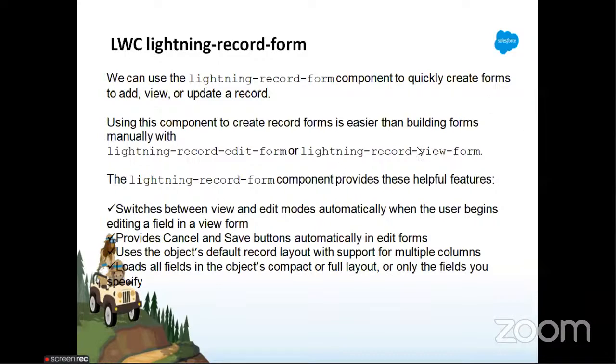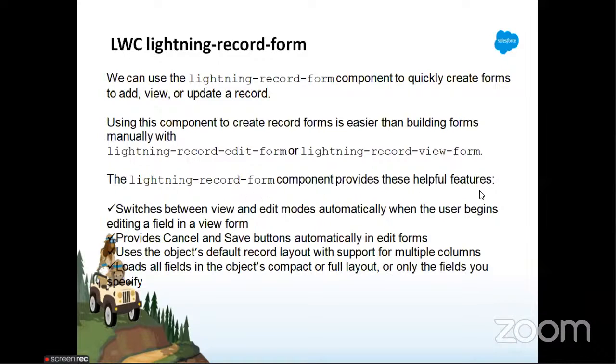Basically, with the help of Lightning record view form, you can only view the record. Now, with Lightning record edit form, we can view as well as edit. So it will basically navigate between them. Which one? Lightning record form. That means it has the capability of both things, edit as well as view.